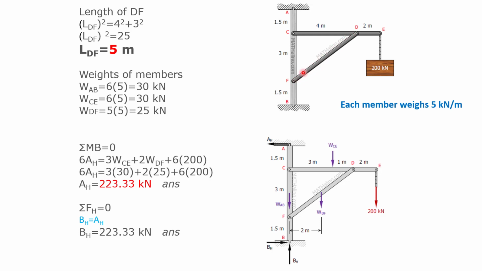But it is easy to understand because this is a simple triangle. 3, 4, and what is this? Hypotenuse 5. We calculate the hypotenuse from here, and you can see that the length of this bar is 5 meters.